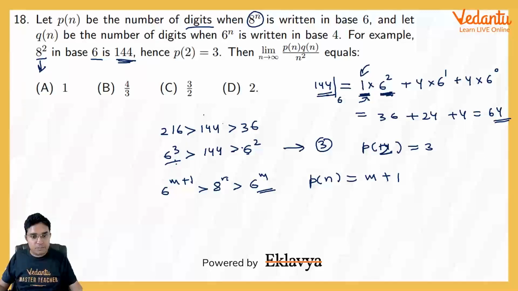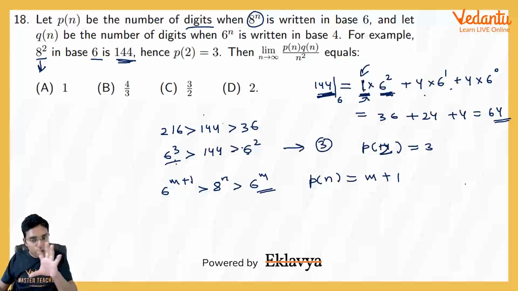Because this number, when written in base 6, will have 6 power m multiplied with some digit, and then 6 power m minus 1 multiplied with some digit, and so on and so on. So the total number of digits here would be m plus 1.